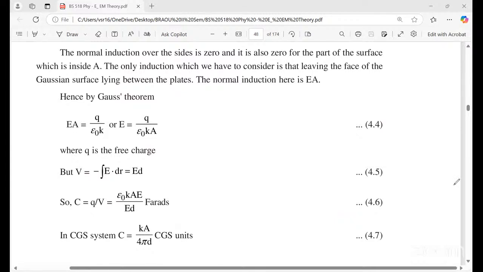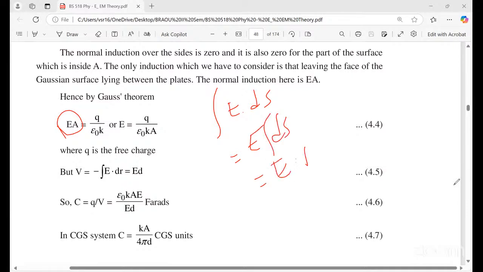Sir, how did this equation come here? EA, surface integral E dot ds, E surface integral ds. Very, very simple.